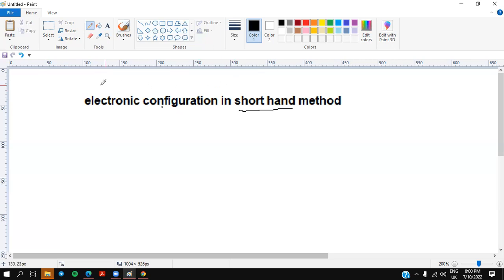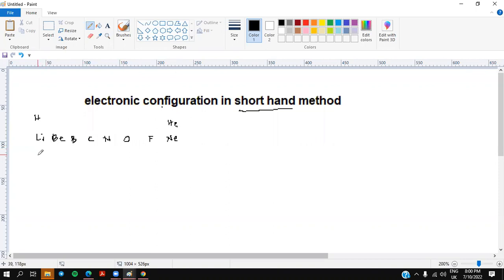To write this electronic configuration, I first take one or two elements from the periodic table. Lithium, beryllium, boron, carbon, nitrogen, oxygen, fluorine, neon. This is helium.